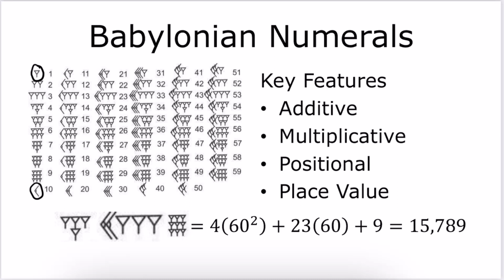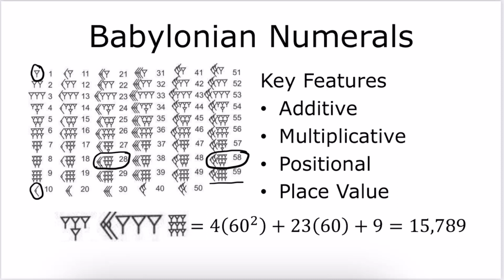And the way that they would write their numbers is they would basically group these stamps together. So the number 28, for example, has 2 10 stamps and 8 1 stamps. Or the number 58 has 5 10 stamps and 8 1 stamps. But the thing that's interesting about the Babylonian numeral system is once they get up to 59, then they would start over.